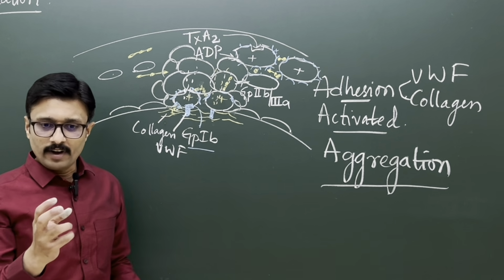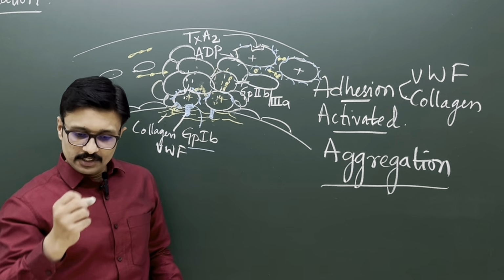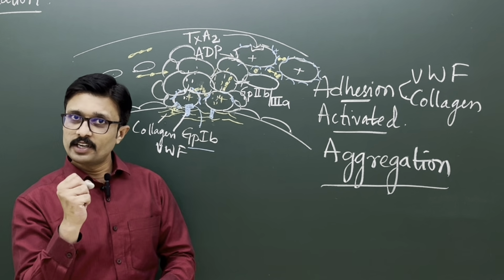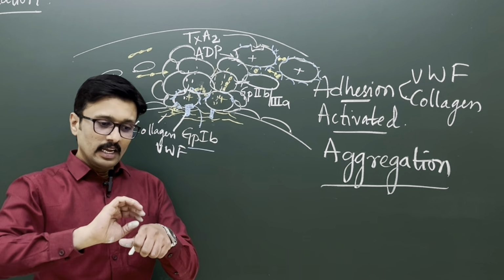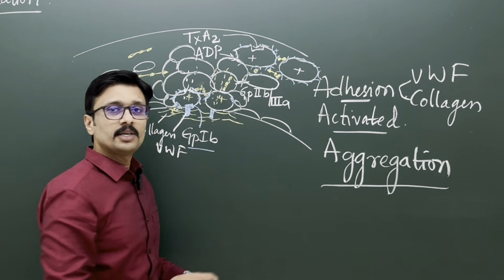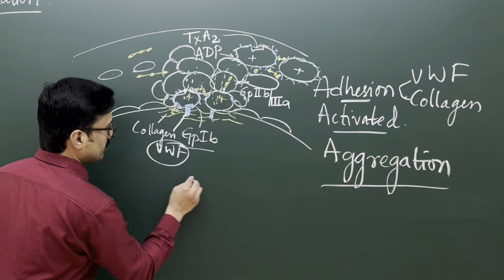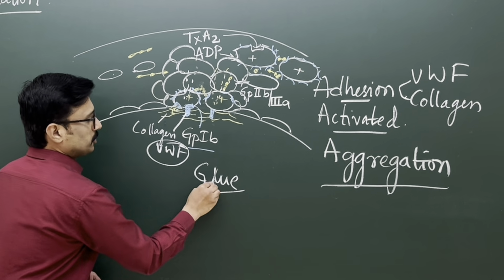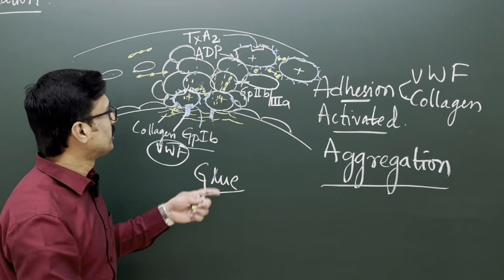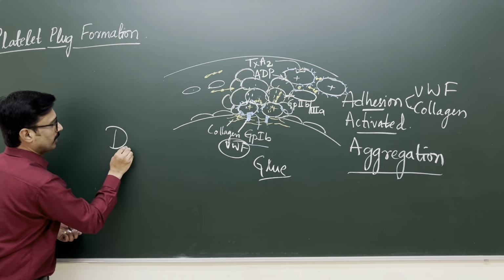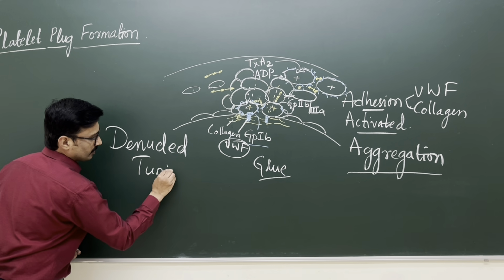This von Willebrand factor is a protein that sticks to the platelet, and the platelet sticks to the wall of the vessels very strongly, so that no force in the blood circulation can detach it. So von Willebrand factor acts as a glue to make the platelet strongly bind to the blood vessel wall, which is denuded. We call it denuded tunica intima.